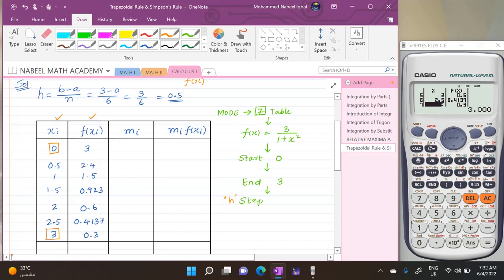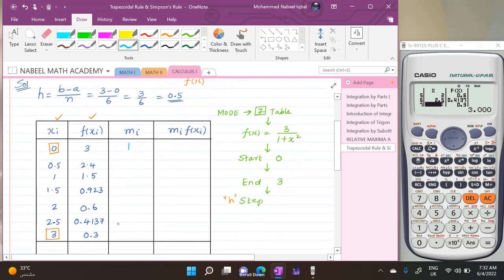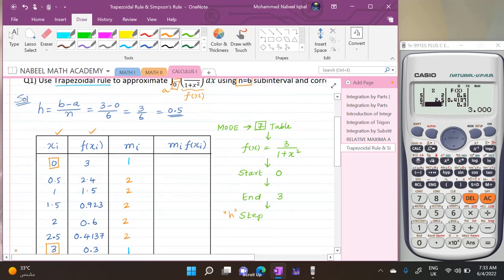Always remember this. For the trapezoidal rule, the mi column is the same for all problems: 1 at the first, 1 at the last, and the remaining in between are all 2, 2, 2, 2, 2. This is the formula you can remember for all trapezoidal rule problems. This mi column will not change.